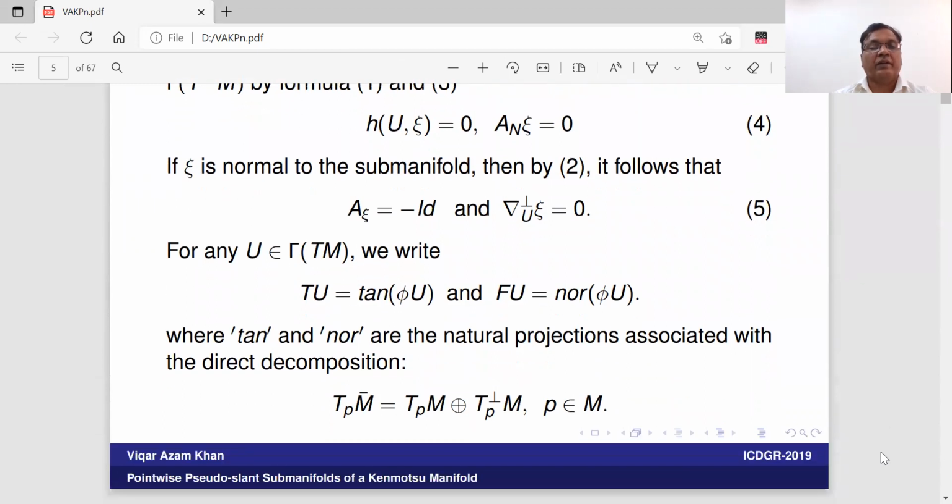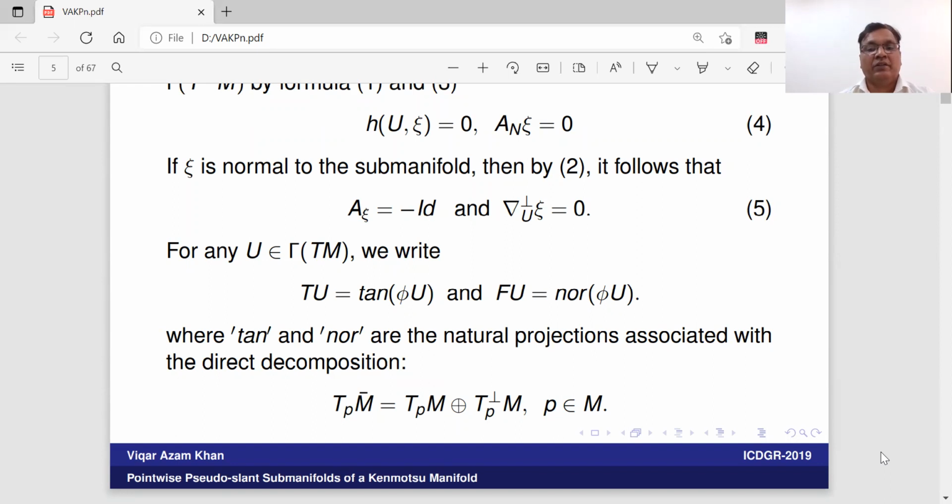Now whenever we are dealing with such manifolds, we decompose phi u into tangential and normal parts. If u is any tangent vector field, we can decompose it into tangential and normal parts. The tangential part will be denoted by Tu and the normal part will be denoted by Fu. At every point I can decompose like this, but globally speaking, T and F will be tensor fields.